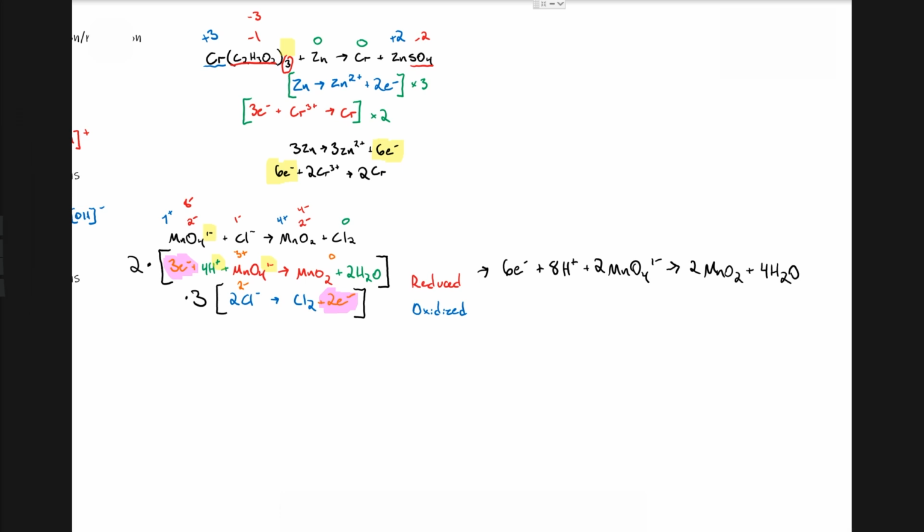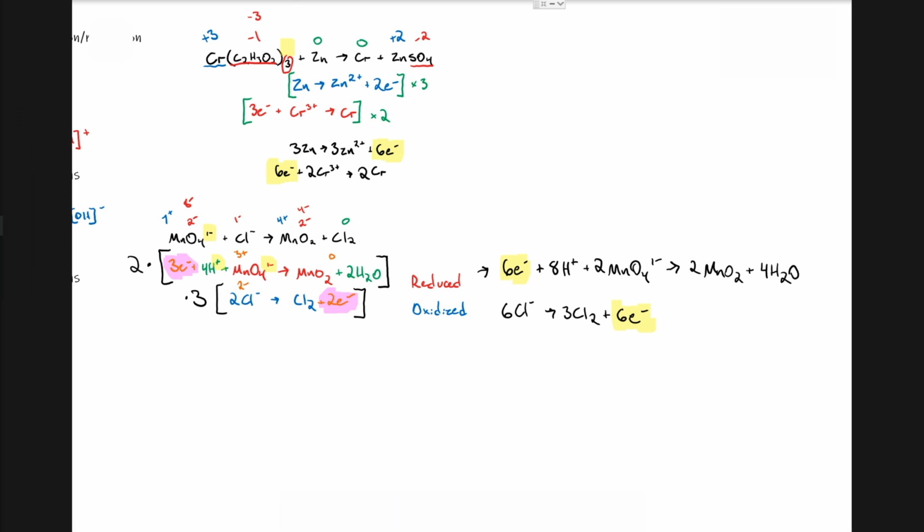And then down here, we have 6 chloride ions goes to 3 Cl2 plus 6 electrons. And now, as we can clearly see, we have 6 electrons on the left, 6 electrons on the right. So that's exactly where we want it to be.